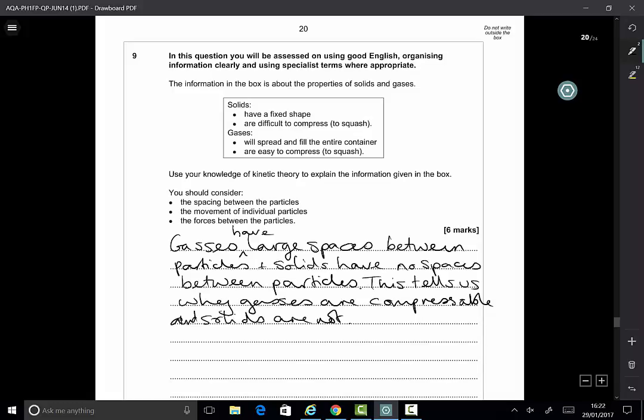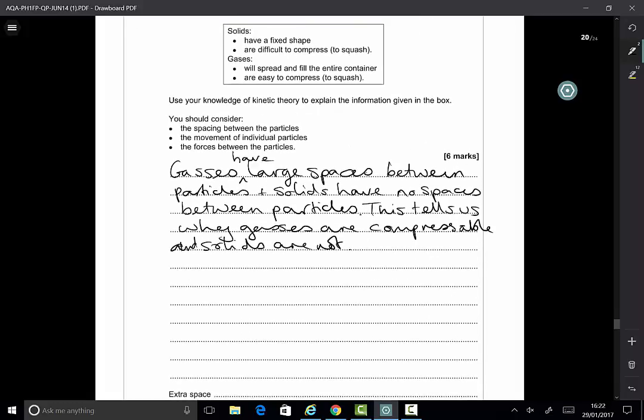Okay, next thing, the movement of individual particles. I'm going to move that up to give me a bit more space. So in the gas, the particles are moving around randomly, and they're moving quickly.